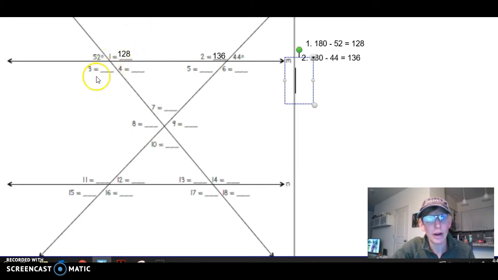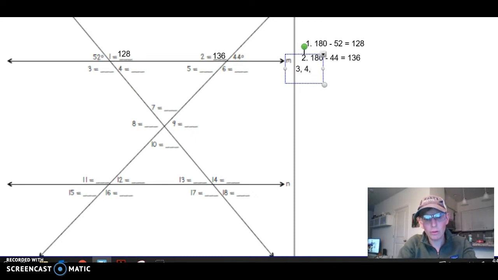They're directly across from each other, and whenever they're vertical angles, they're going to equal each other. So because angles 1 and 3 are directly across from each other, they are going to equal the same thing.